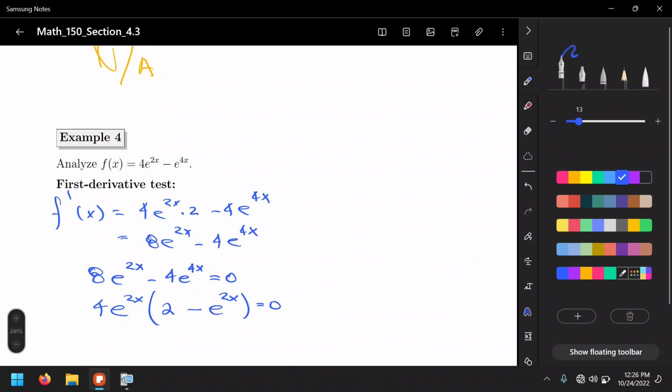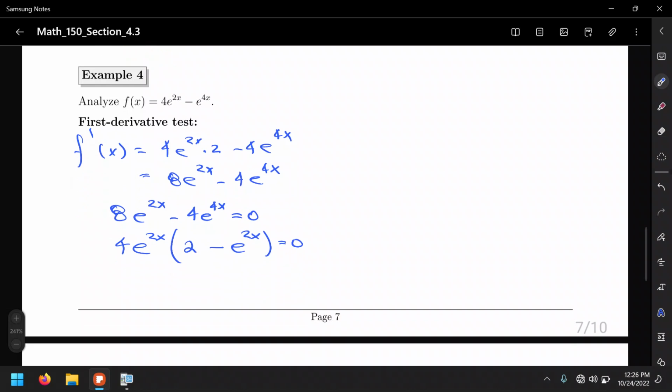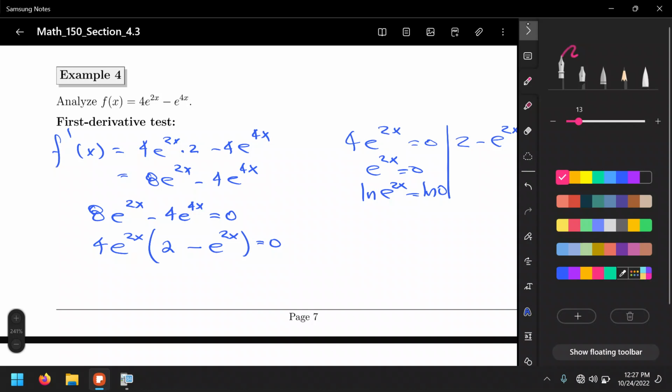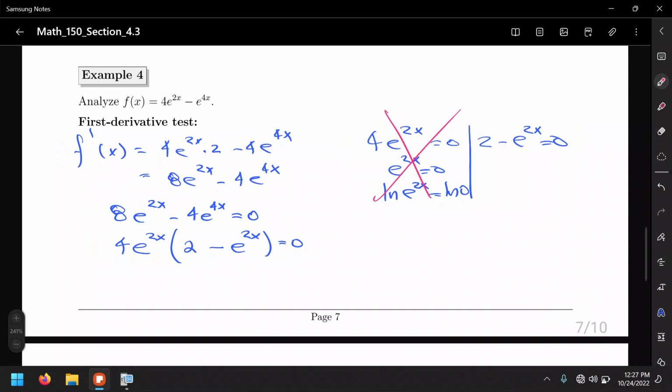And we're going to use the zero product property to solve this equation. That is 4e to the 2x equals 0, and 2 minus e to the 2x equals 0. Well, e to the 2x equals 0, but try to take ln of e to the 2x, that's fine. But what's ln of 0? Isn't that undefined? So recall that exponentials never go to 0.